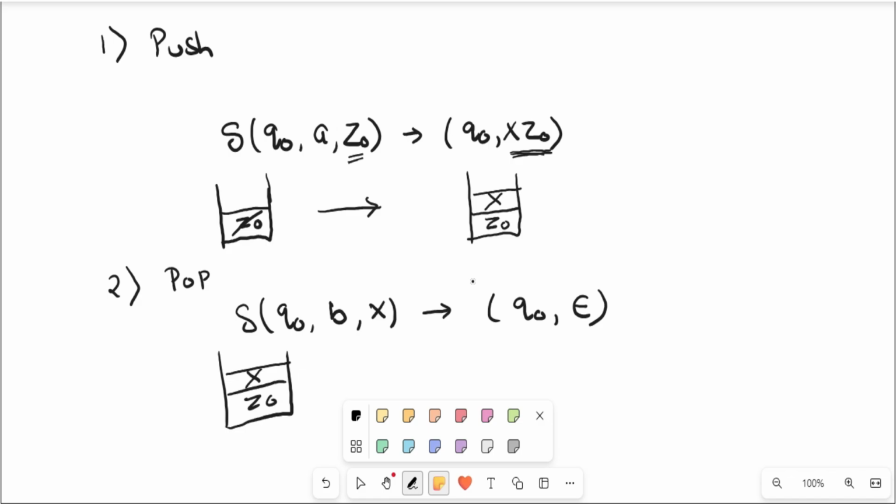What is the meaning of this? For every transition, the stack top will be removed. So our stack top becomes z0, and instead of x we insert whatever is written on the right hand side, which is epsilon, meaning nothing. So the stack top is z0. This indicates that we have successfully popped out the stack top x.